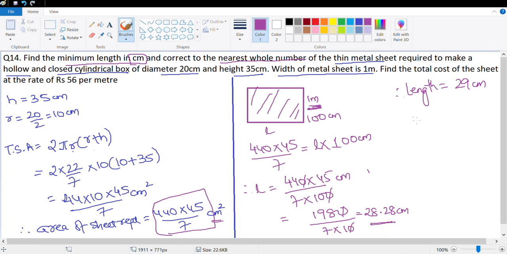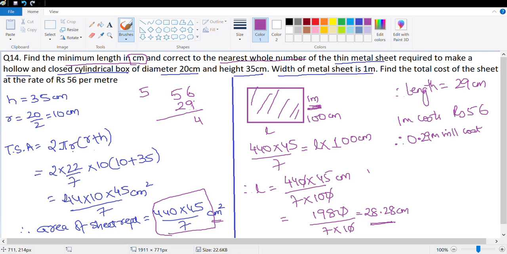Find the total cost of the sheet at the rate of rupees 56 per meter. So 1 meter costs rupees 56. Therefore 0.29 meter will cost, we'll again have to multiply. That'll be 56 into 29. That'll be 6 into 9, 54.